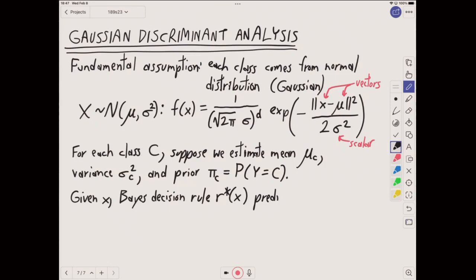Now the Bayes decision rule predicts the class C that maximizes the posterior probability. Remember, that's one of the things I asked you to memorize on Monday. We pick the class that maximizes the posterior probability at point X, if X is our test data that we want to classify.